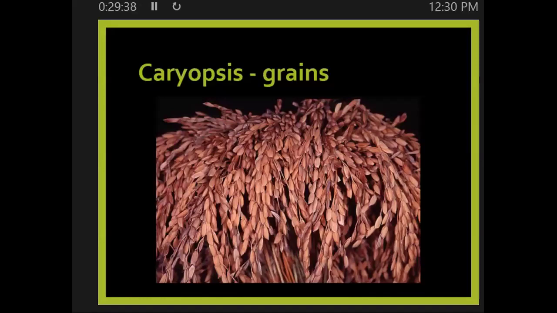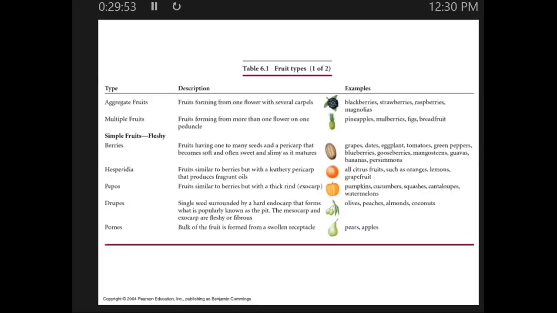And then grains are kind of a special case, referred to as caryopsis. But again, those are dry fruits, right? Dry fruits, so barley, wheat, things like that. So I think this is from your book.